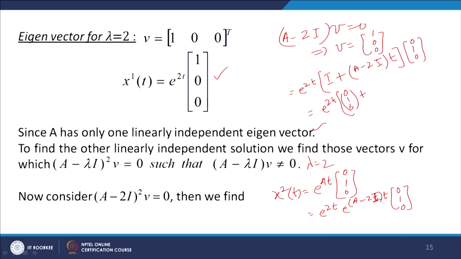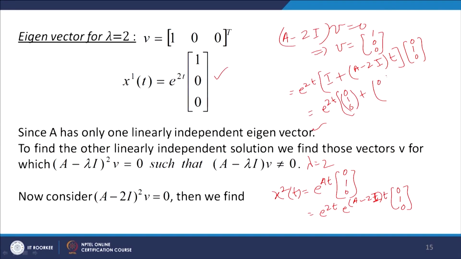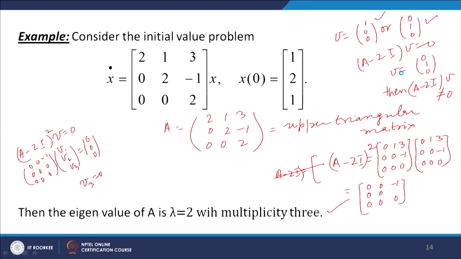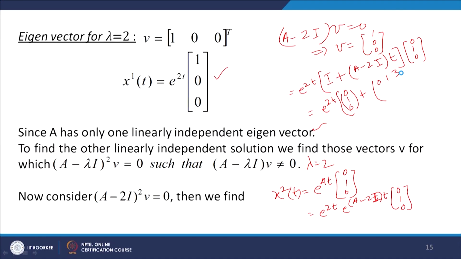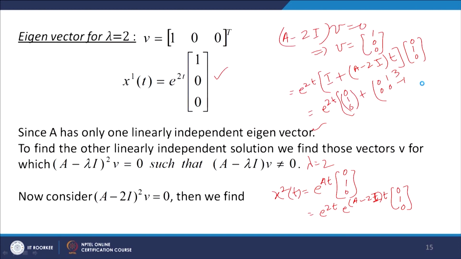So, we get e to the power 2t times 0 1 0, plus (A minus 2I), which is the matrix 0 1 3, 0 0 minus 1, 0 0 0, into 0 1 0 into t.